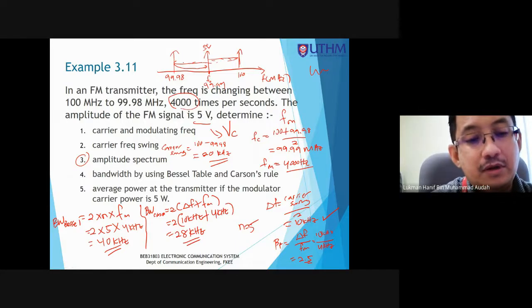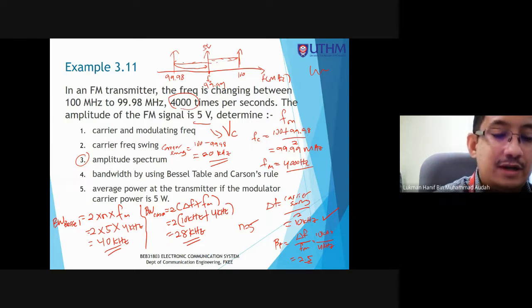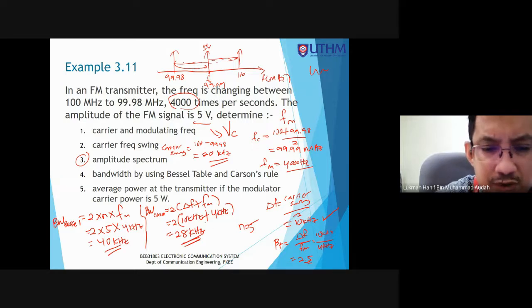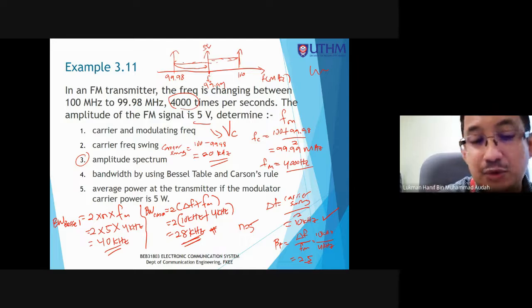So in order to make it easy for me to mark your paper, I would suggest you to highlight your final answer. For example, you can do it like this if you like, or some students like to make a hashtag like this. It's up to you. That means I know that this is your final answer.